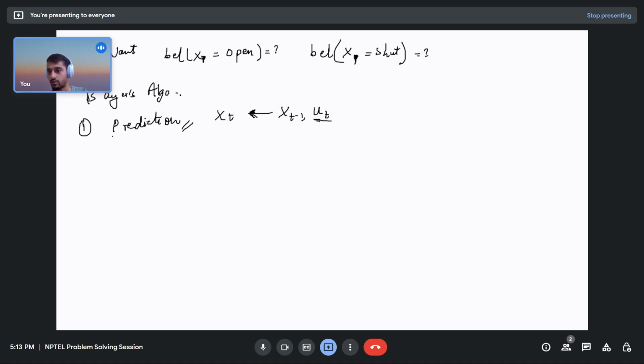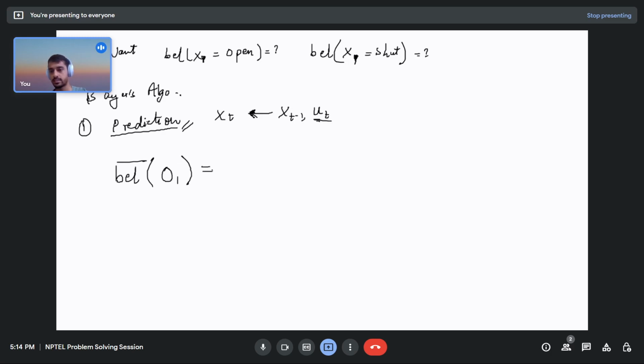We write the predicted value as bel bar for now, and we call it O for open. Let us say this is O1.